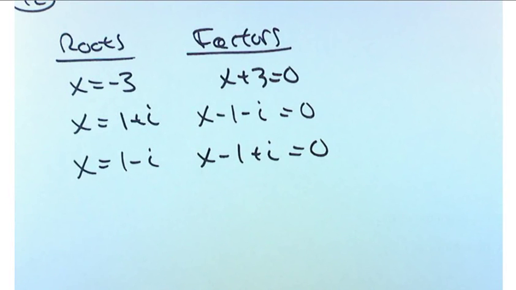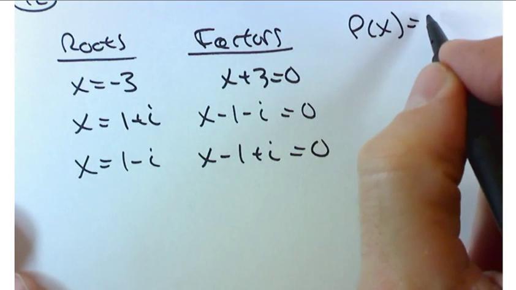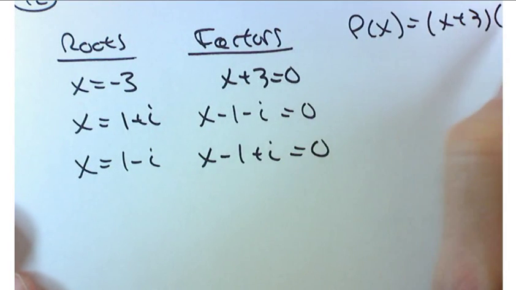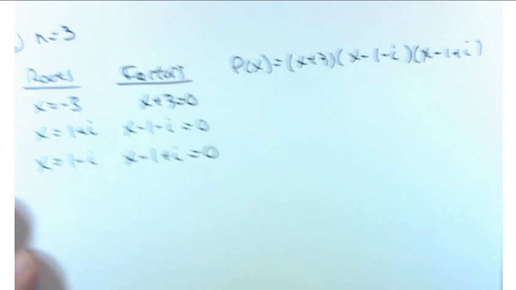But all you're doing is moving it to the other side. And when it changes sides, it changes signs. So 3 factors should give me my polynomial. It's going to be x plus 3 times x minus 1 minus i, x minus 1 plus i. Now in a problem like this, I'm a little bit torn.